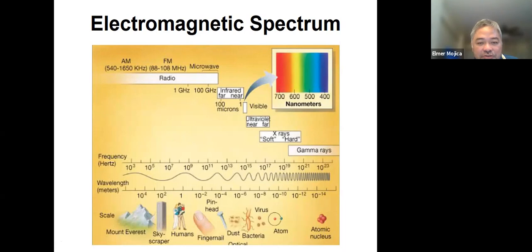If you look here, you might say that ultraviolet has a shorter wavelength but higher energy, compared to the infrared region, which has a longer wavelength but lower energy.